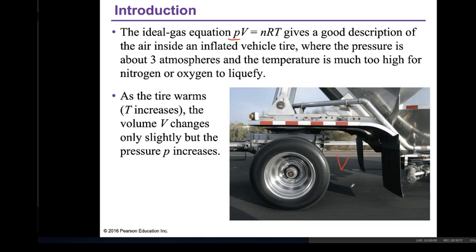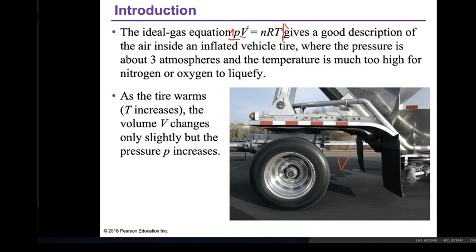When V is constant and T increases, P has to increase due to the equation. That's why in the summer you have a higher pressure and in the winter a lower pressure, if you have the same amount of gas in the tire, because V doesn't change.